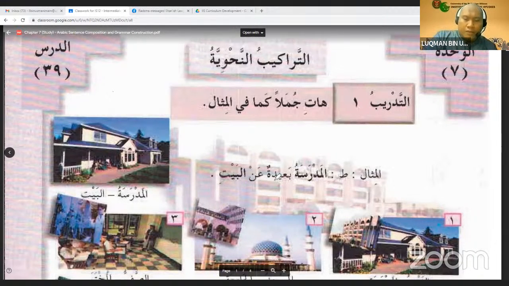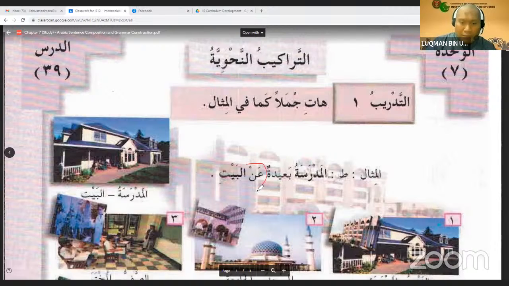One thing you need to remember when expressing distance, particularly when it is far: the preposition that you will use would be an. Ba'idatun anil bayti. So the school is far from the house.